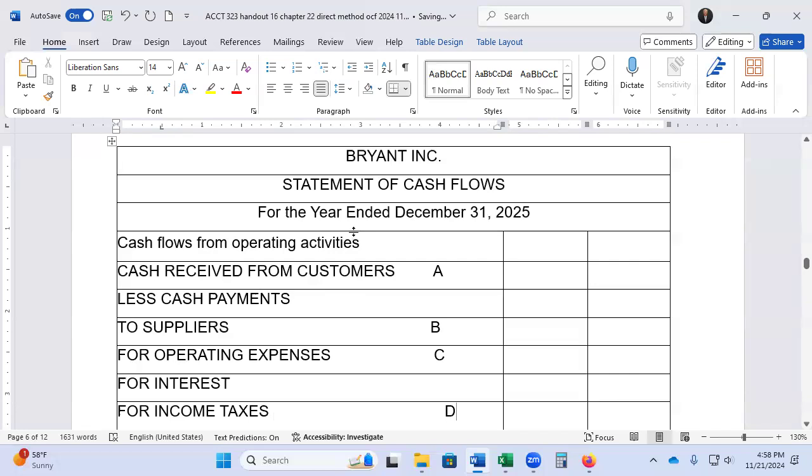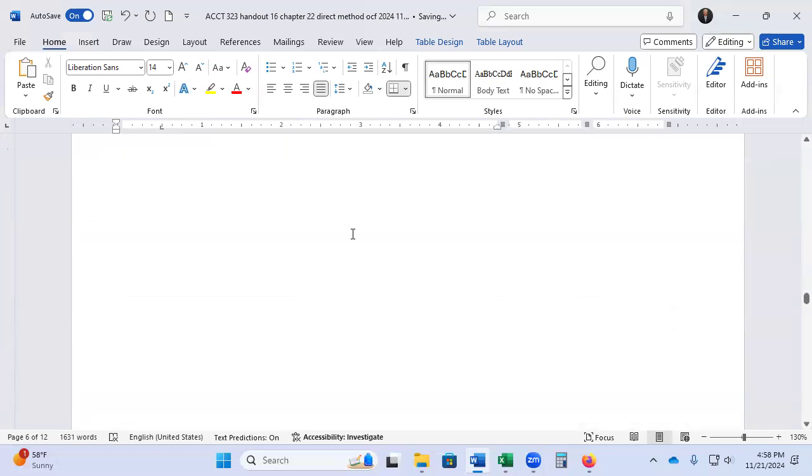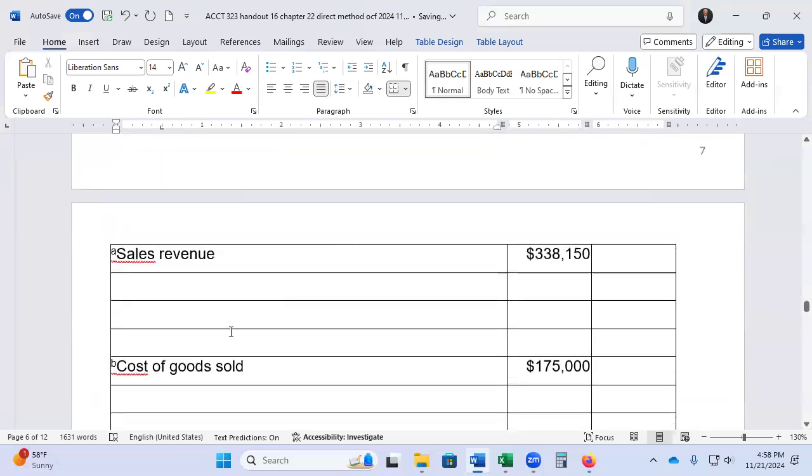So let's go ahead and look at how we got our cash received from customers. We're going to go down to our schedule. I tried to put this separately so you could look at both of them at the same time, hopefully.